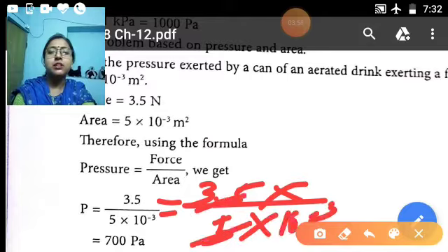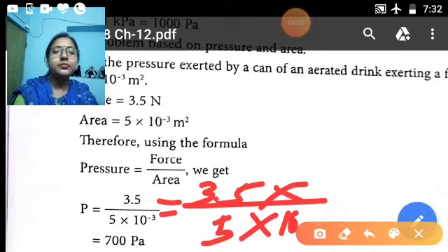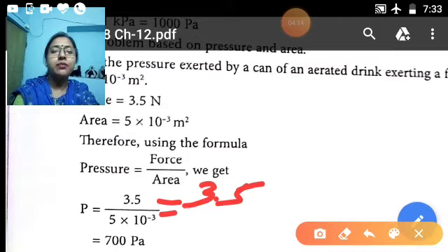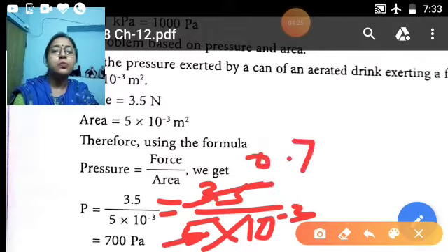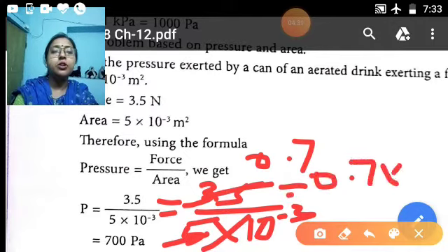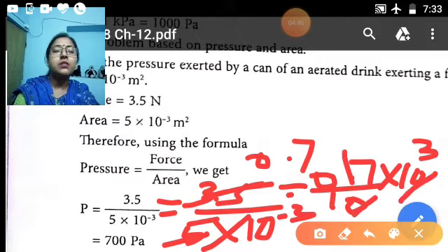First we will cut this: 3.5 divided by 5 gives 0.7. So 0.7 into 10 to the power 3, when it goes up, it becomes 10 to the power 3. So 0.7 into 10 to the power 3 divided by 10, when we cut it, changes into 10 to the power 2.